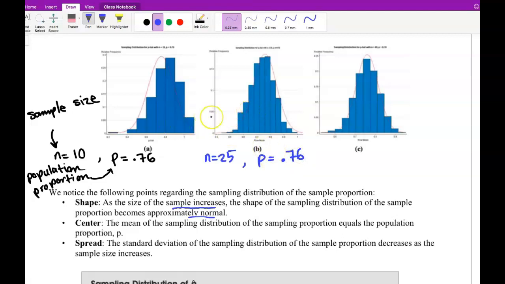These histograms are getting closer to this red line, and this red line is the normal curve. Now I'm increasing the sample size again, here n equal to 60, and again the population proportion is the same. Since I increased the sample size, this histogram is getting closer to this red line. So by increasing the sample size, this will be approximately normal.